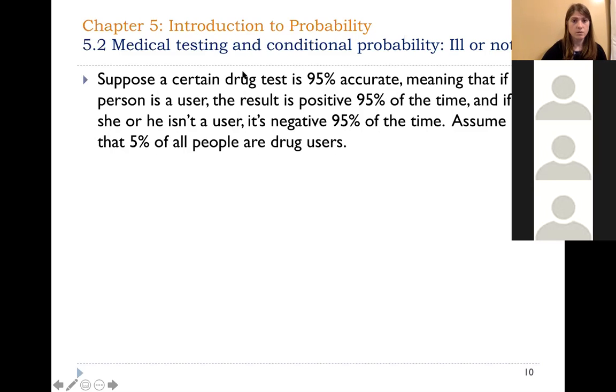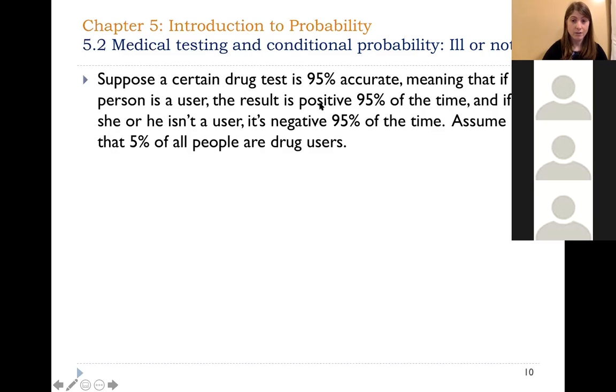Notice that this one uses the term 95% accurate. When they say 95% accurate, they go on to tell you it means if the person is a user, the test is positive 95% of the time. And if a person isn't a user, the test is negative 95% of the time.